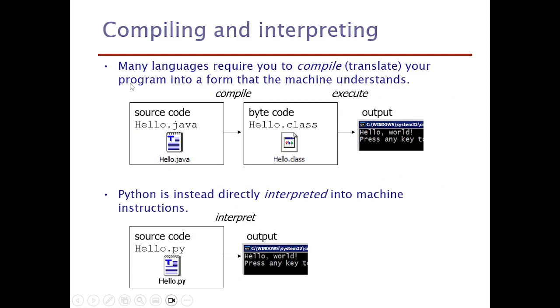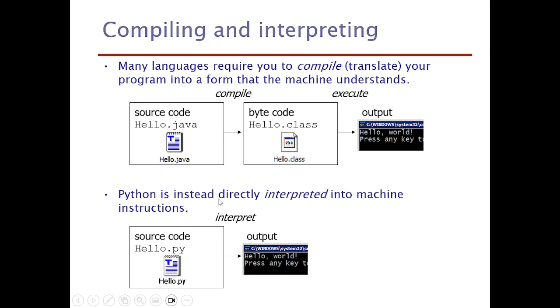So, compiling and interpreting. Many languages require you to compile, to translate your program into a form that the machine understands. So for example, if you are using Java code, here we have hello.java. This Java file is converted to bytecode, hello.class. Then after it is converted to bytecode, it will execute.